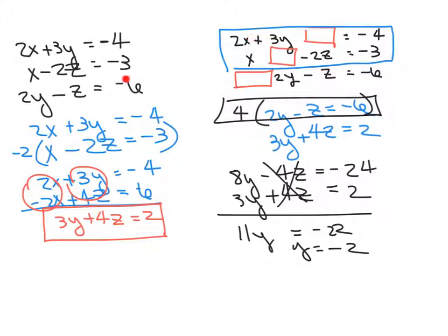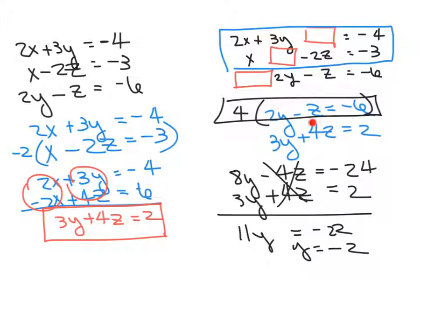So then I look back up here at my original three equations, and since I have a y and a z here, I find another equation with a y and a z, and I put those two equations together. So this right here is what I put right there, and this here I put here.